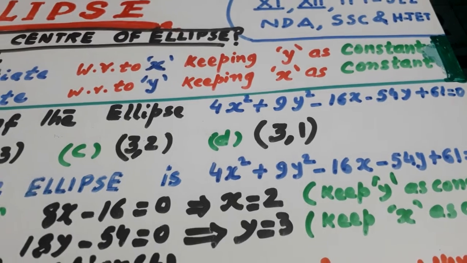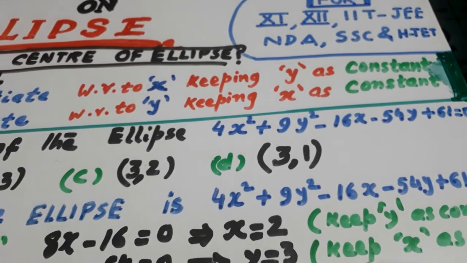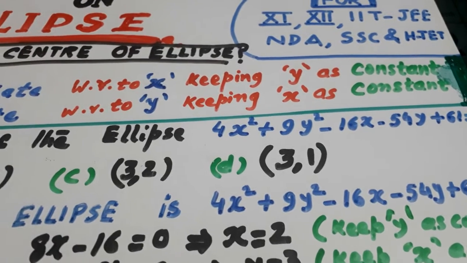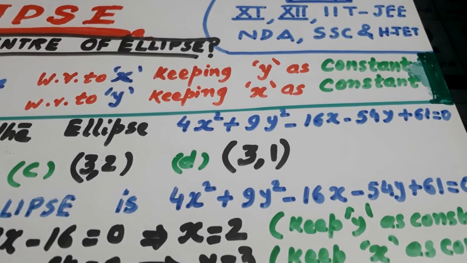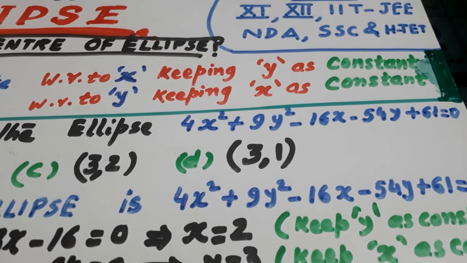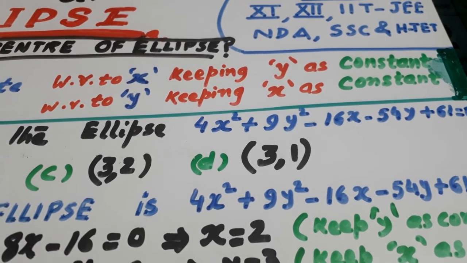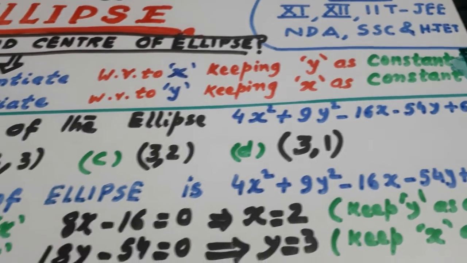Now, here is the equation: 4x square plus 9y square minus 16x minus 54y plus 61 equal to 0. So let us differentiate it with respect to x, keeping y as constant.